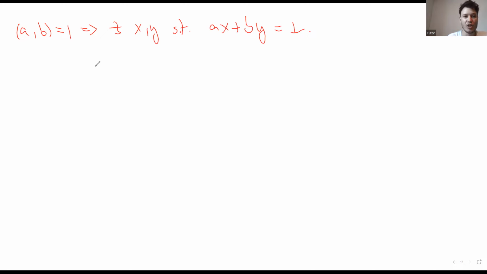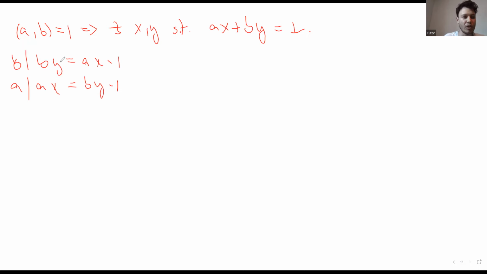The first is that by is equal to ax minus 1, or you can write it as ax is equal to by minus 1. So from here you get that either b is going to divide this or a is going to divide this. Now, if you look at the first line mod b, right?